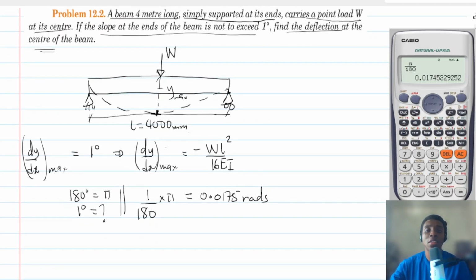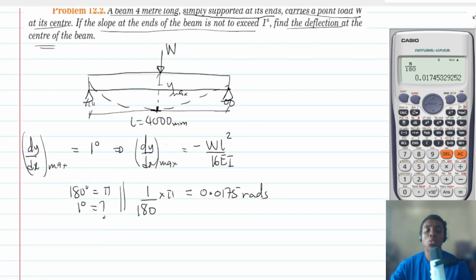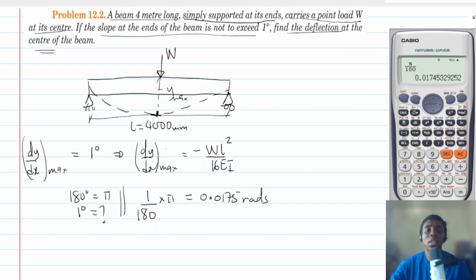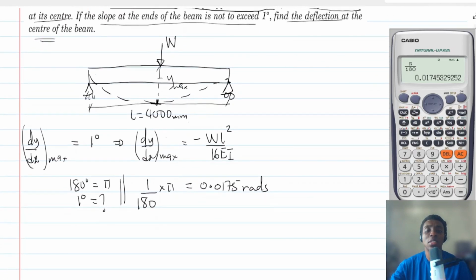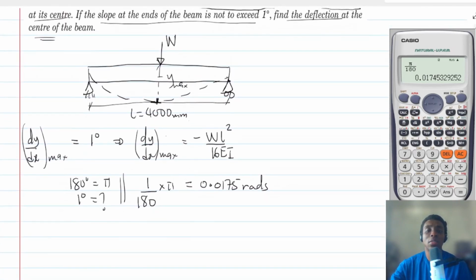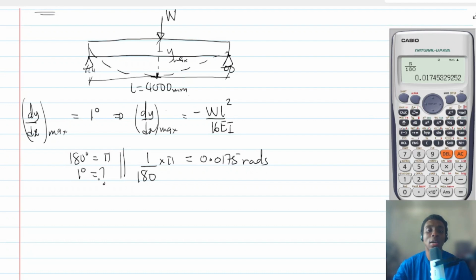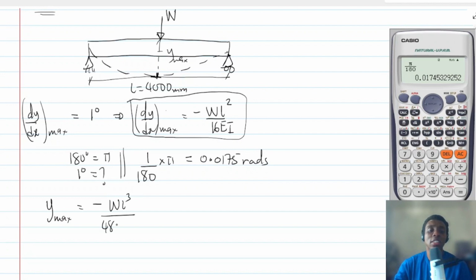Now we were given the length, which was 4,000 millimeters. Let's try and do something here. Let's say that the formula for the slope is this. And what is the formula for the deflection? The maximum deflection is minus WL cubed over 48 EI.